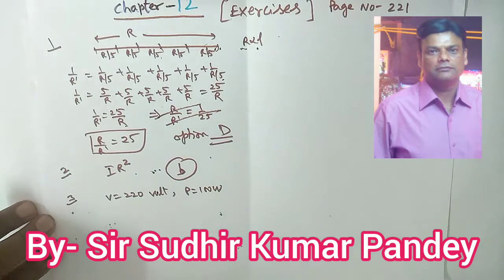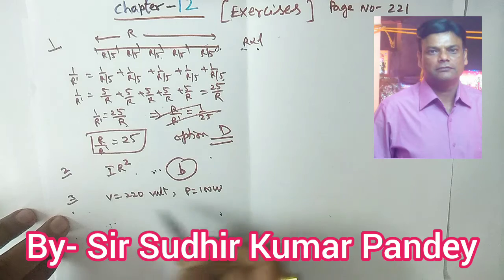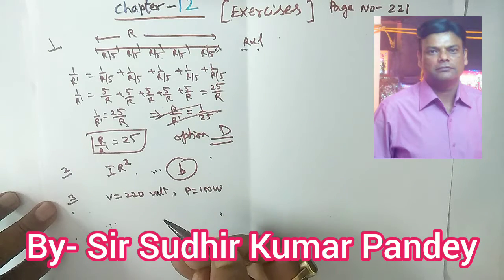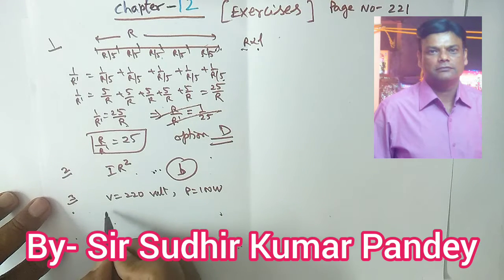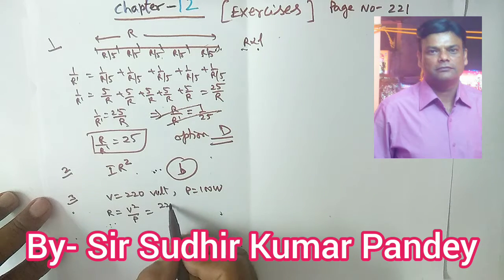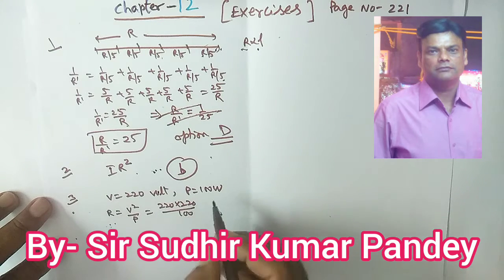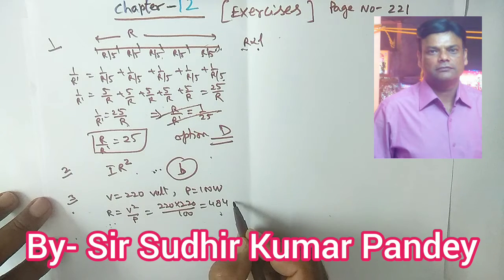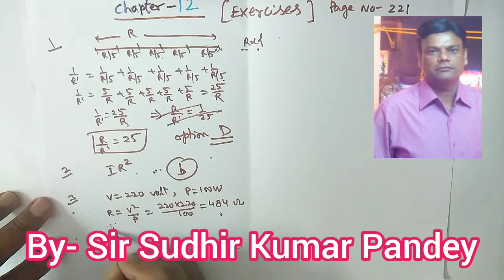So you have to find the power consumed in that case. First of all, see what is the resistance of this bulb. V square upon P, 220 into 220 upon 100, and when you will solve it will come 484 ohm.